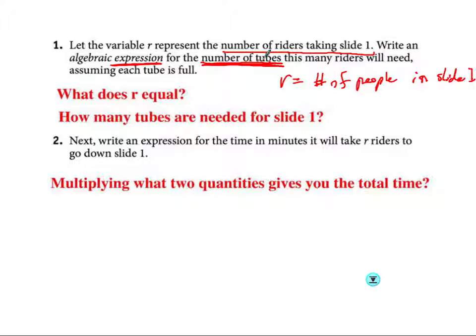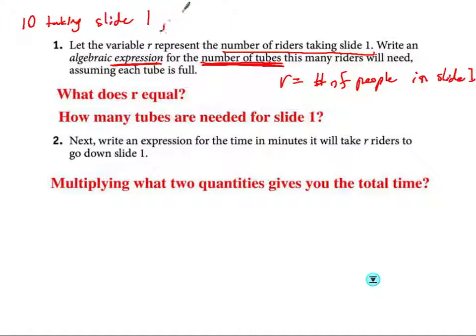It's asking for the number of tubes. Well, let me ask you this. Instead of having a variable, what if there were 10 people taking slide 1?